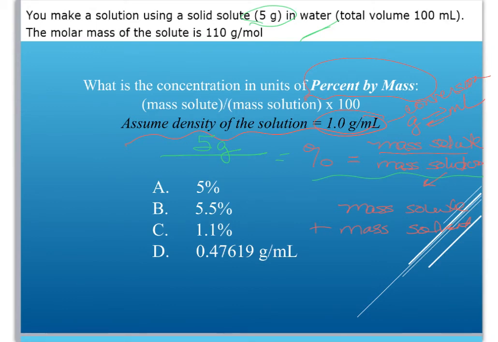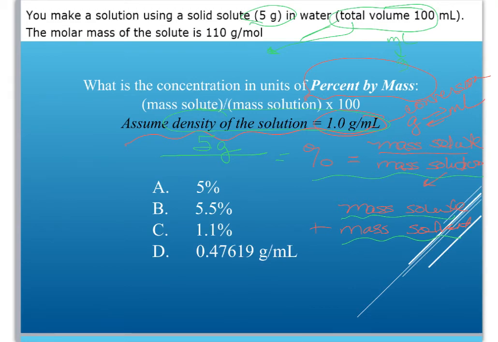Sometimes you're going to have to literally find the mass of the solute and the solvent separately and then add them together. In this case, since they gave us the total volume of the solution and we have the density of the solution, we can convert from the milliliters that we have now, volume, to grams by using density.